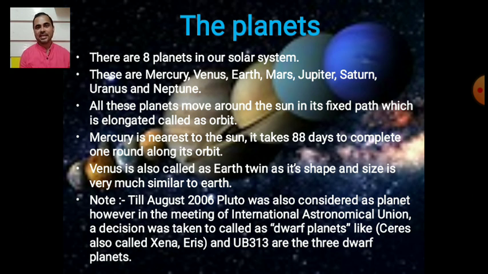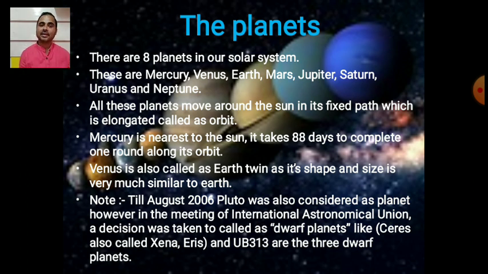It means if Mercury started to move around the Sun from one particular point, how many days does it take to reach the same point? It takes 88 days. Now see, Mercury is the nearest planet to the Sun, and to complete one revolution around the Sun, it takes 88 days. Can you imagine?